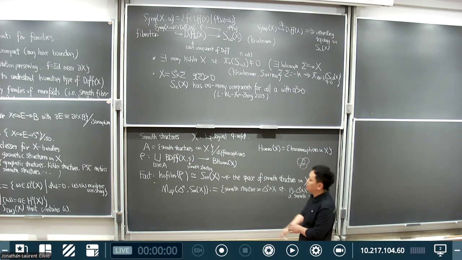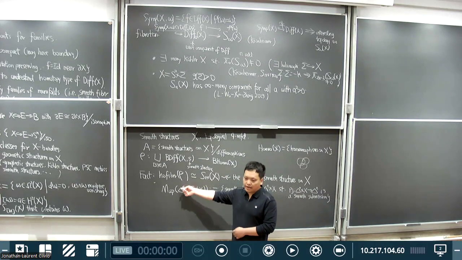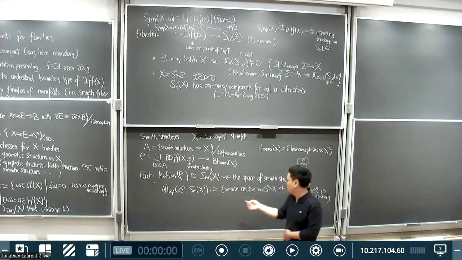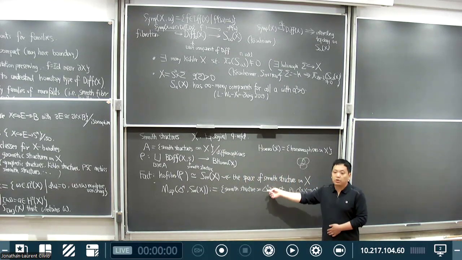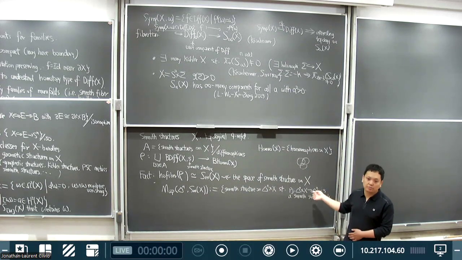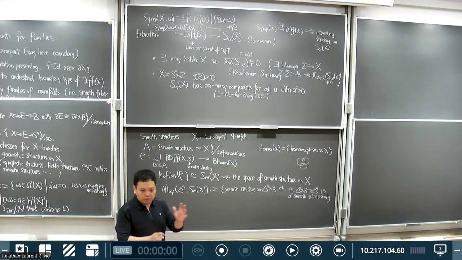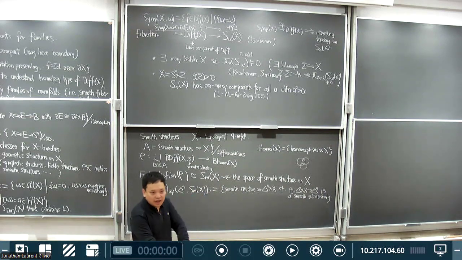So you can define this space through a simplicial set. The simplices in this space are smooth structures on the product manifold such that the projection map is a smooth submersion. This parameterizes the possible smooth structures of X.